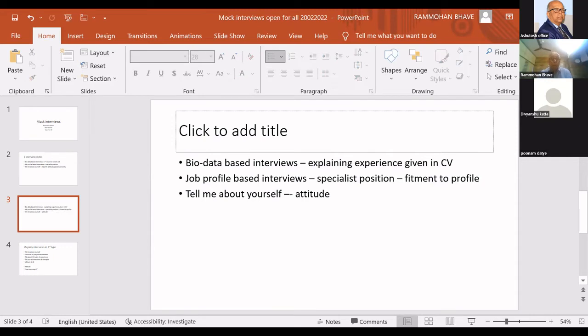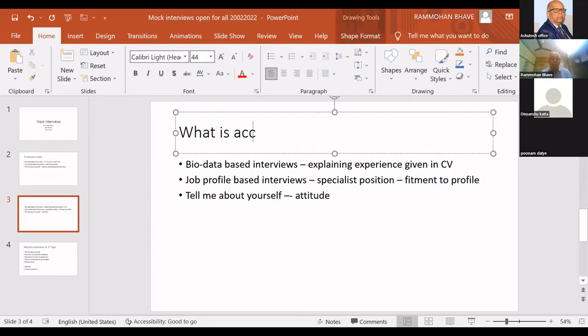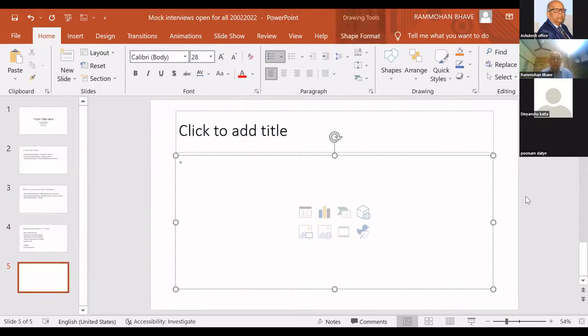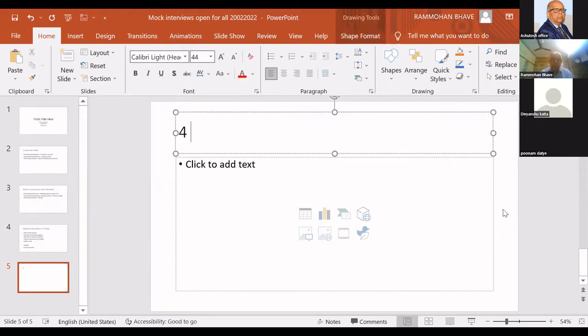So what is assessed in each interview? Right. Then the next thing we should be doing is 4 points to cover in a tell me about yourself type of interview.